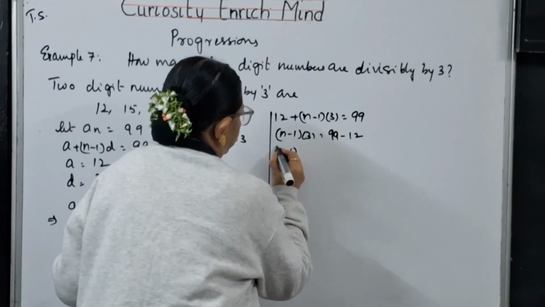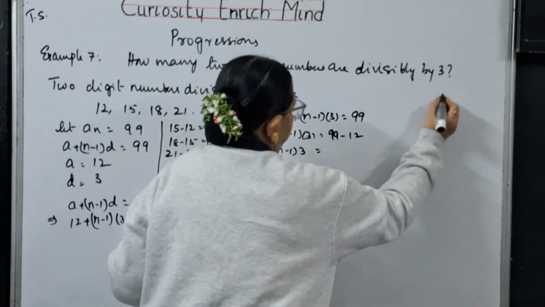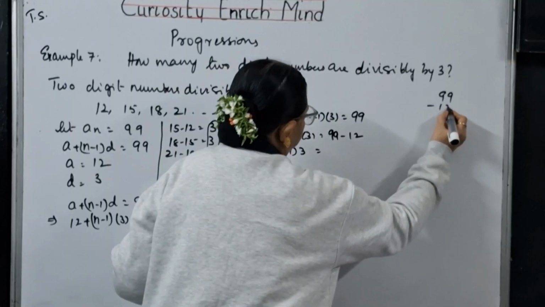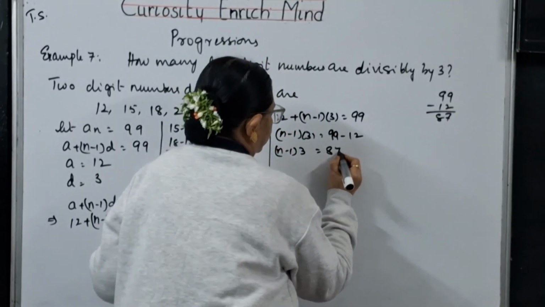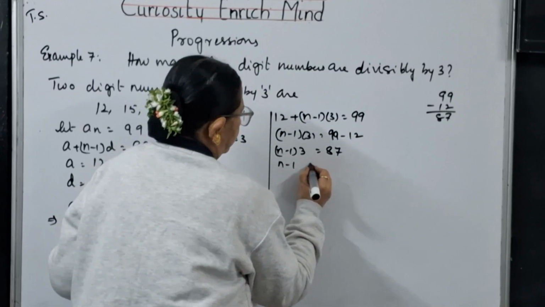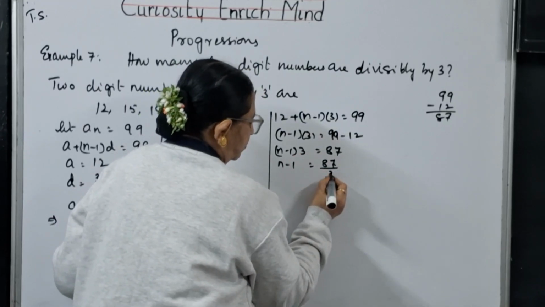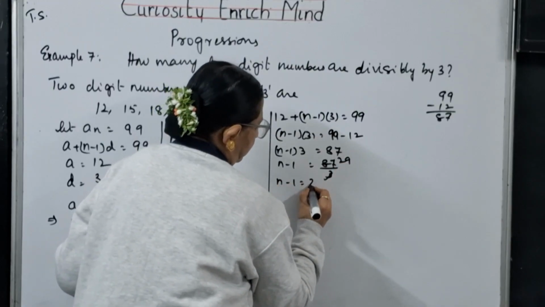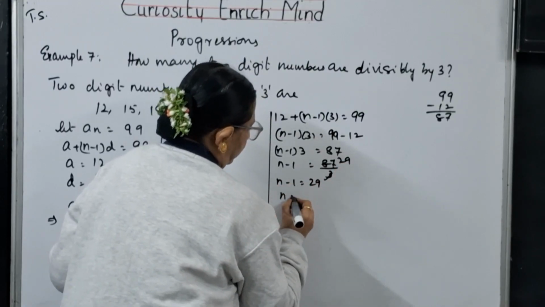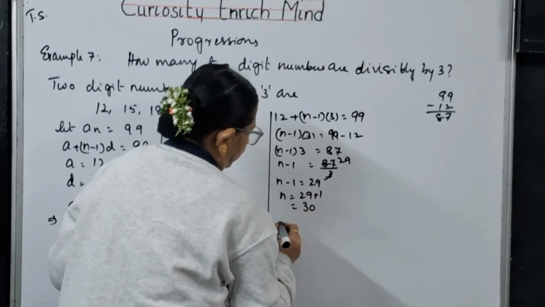That means n minus 1 into 3 is equal to, from 99, if you subtract 12, you are getting 87. So what is n minus 1? 87 by 3. Multiplication becomes division. 3 9s are 87, n minus 1 is 29. N is equal to 29 plus 1, that is 30.